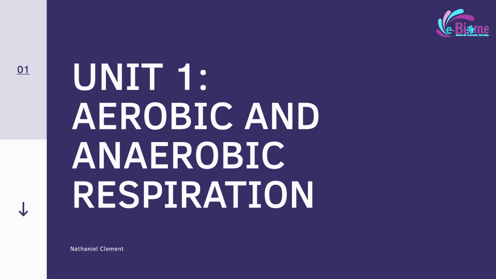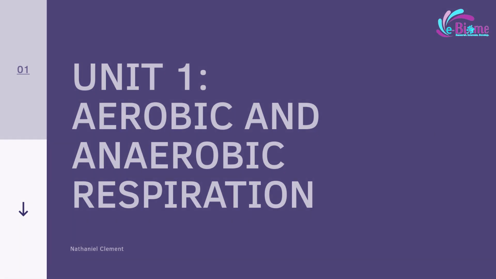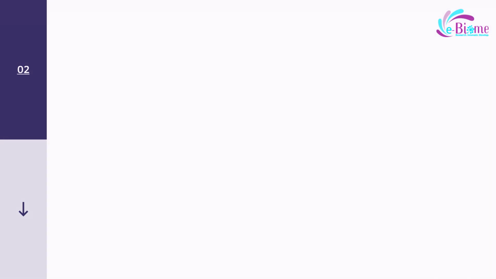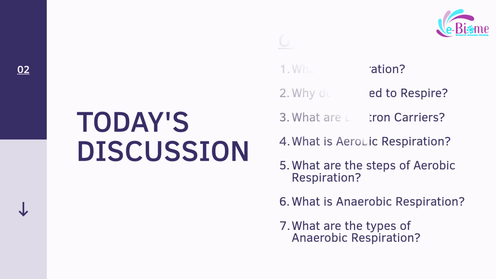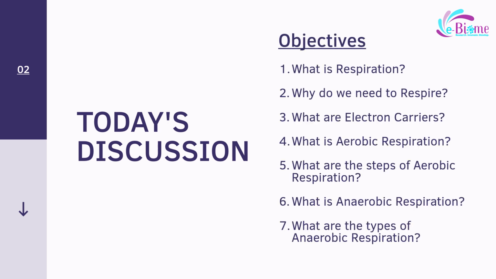In this lesson, we will be going through Unit 1, Aerobic and Anaerobic Respiration. By the end of today's presentation, you should be able to tell me what is respiration?